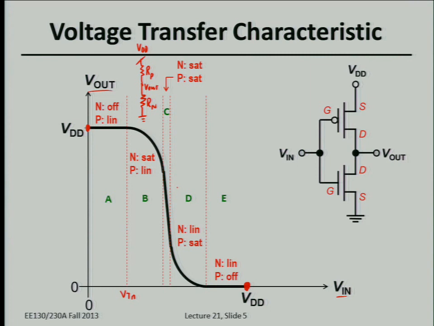Let's go to the other extreme. Let's start with the input at VDD. So you start out with the PMOS device off, and the NMOS device in the linear regime is on. Okay. So let's say we lower the input voltage from VDD down, and let's see how much we have to lower it to enter this second regime here.